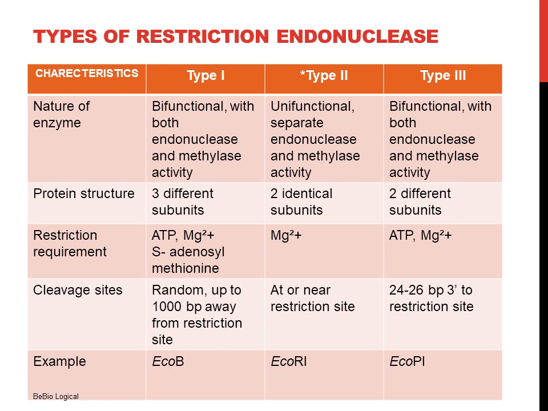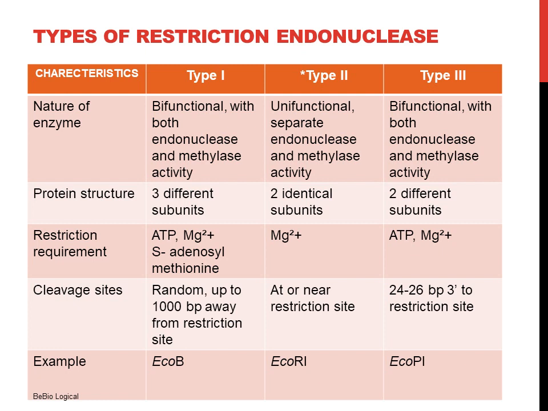This unifunctional activity makes it unique. Now second is protein structure. Type 1 is made up of 3 different subunits, whereas type 3 is made up of 2 different subunits, while type 2 has 2 identical subunits, which makes it simple.